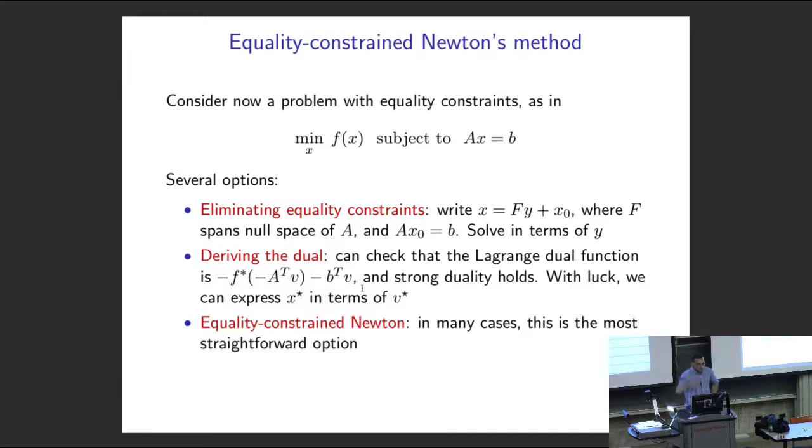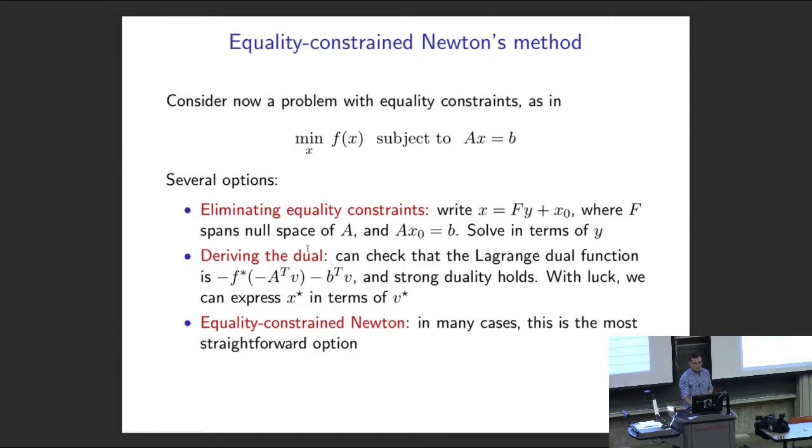Okay, so this is good because now if A was structured, there'd be no reason to think that F would be structured, because if we're just computing F with an SVD, again, somehow it's out of our control. We can't really find a nice null space parameterization. But if A was structured, then at least now we have what looks like an unconstrained problem.